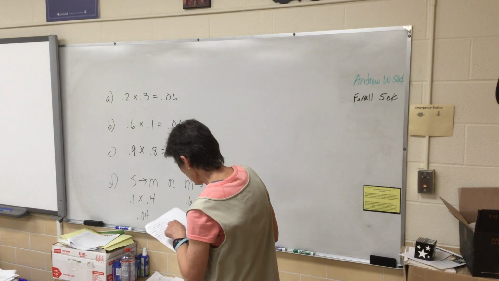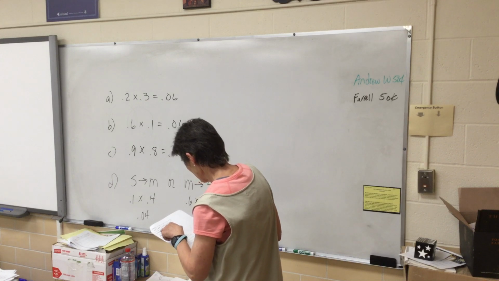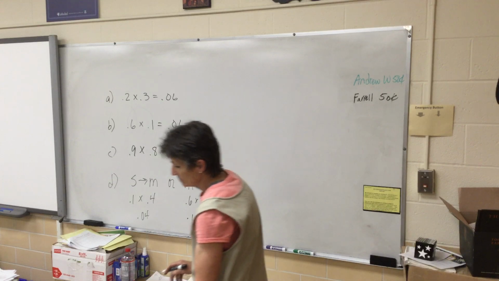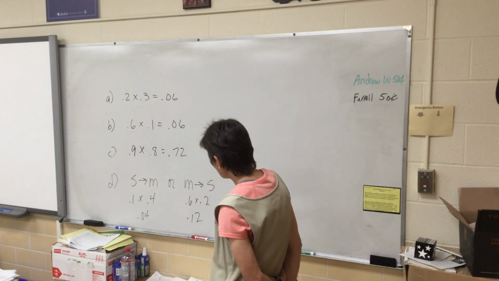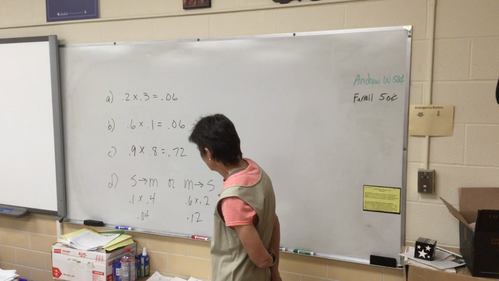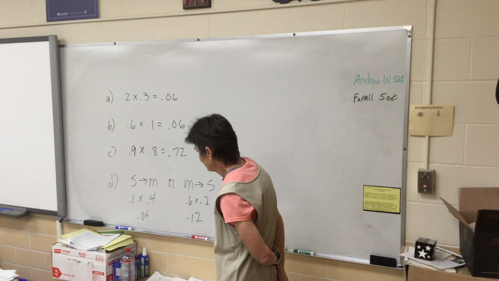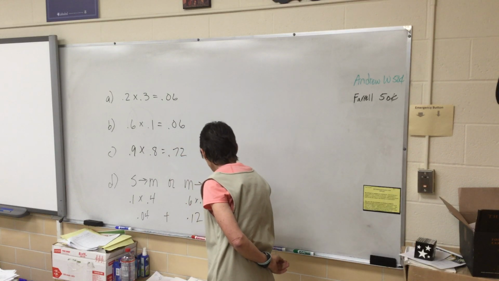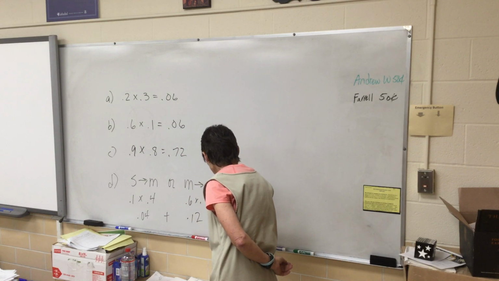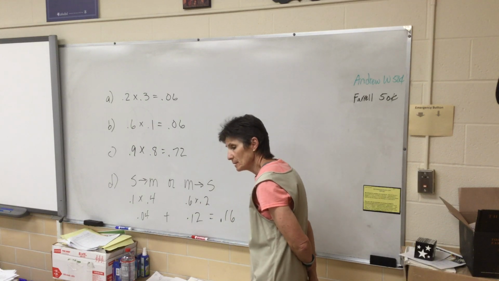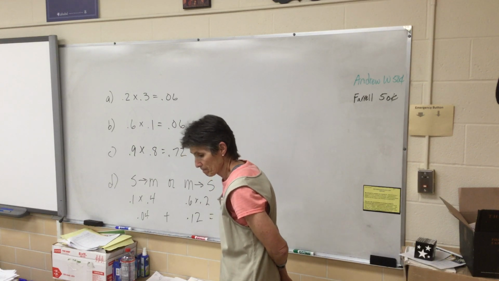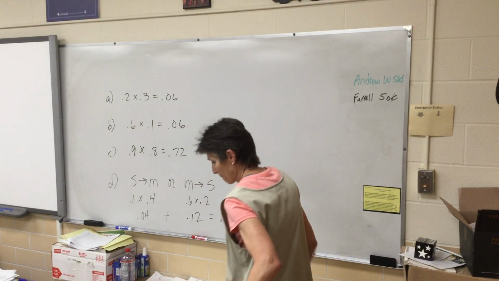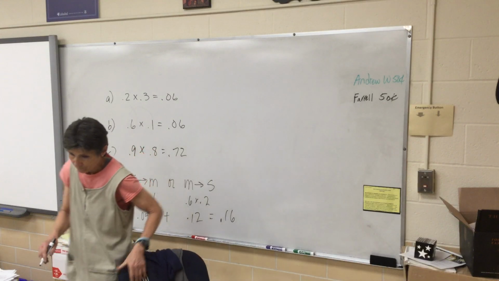All right, did I do that right? 0.1, 0.4, 0.6, 0.2, yep, and that's 0.12. What do I do with those two numbers now? Add them. So our answer is 0.16. When I add those together, 0.16. Okay?